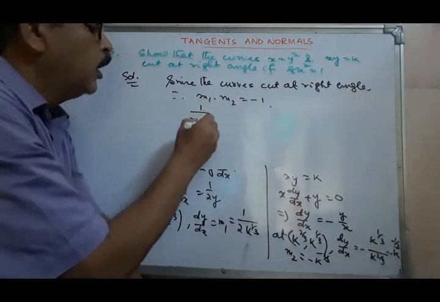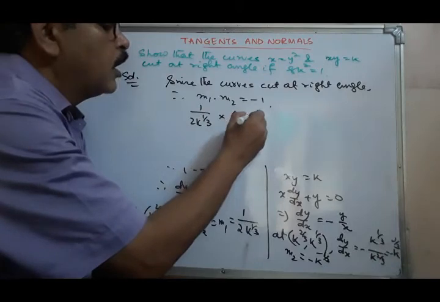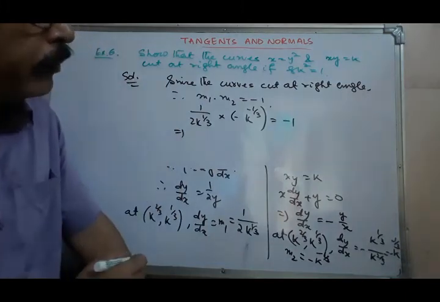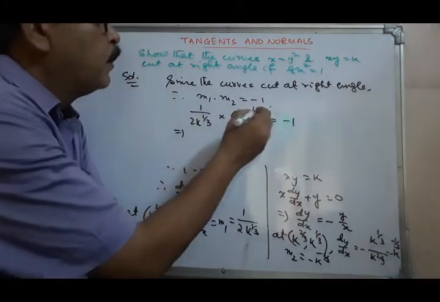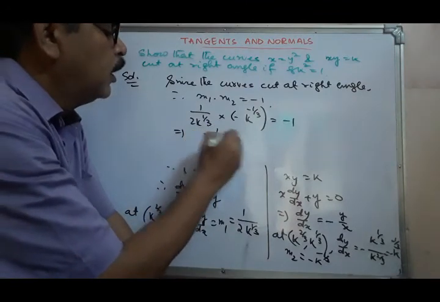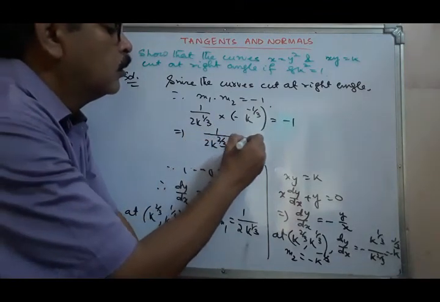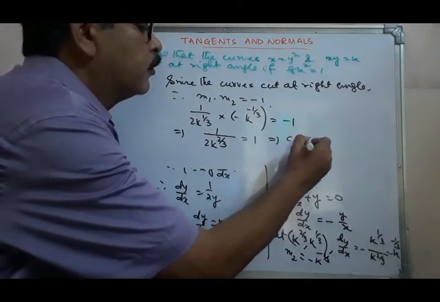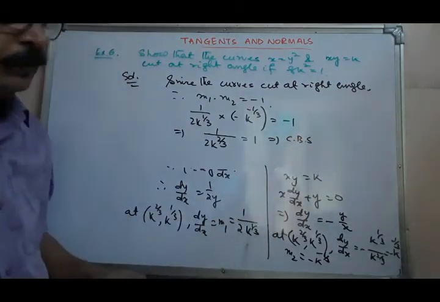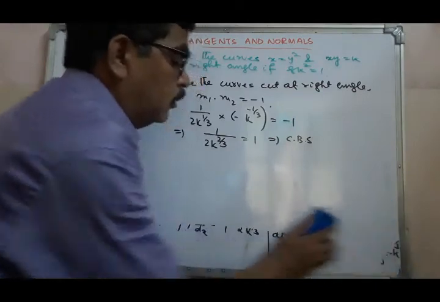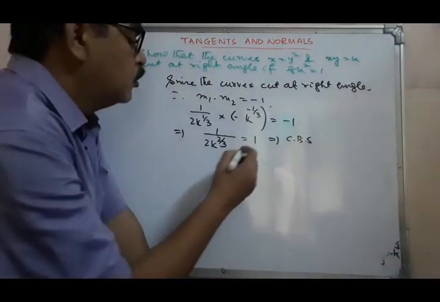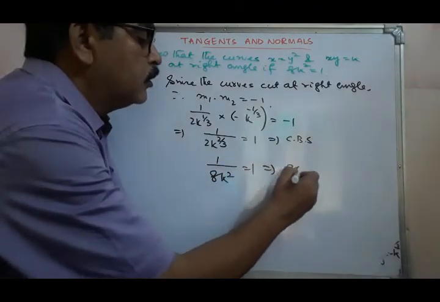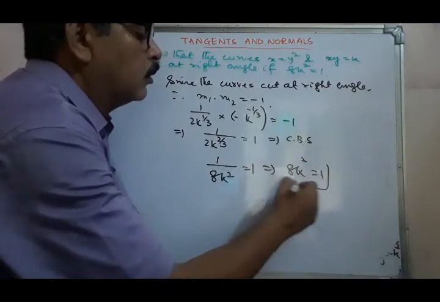So 1 by 2 k to the power 1/3 into minus k to the power minus 1/3 equal to minus 1. So therefore what we get? Minus minus get cancelled, 1 by 2k. Cubing both the sides, we will get 1 by 8k square equal to 1, that is 8k square equal to 1.